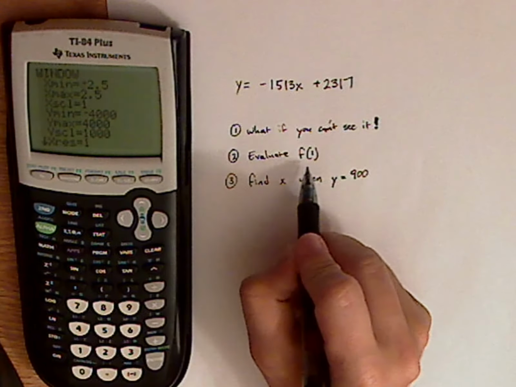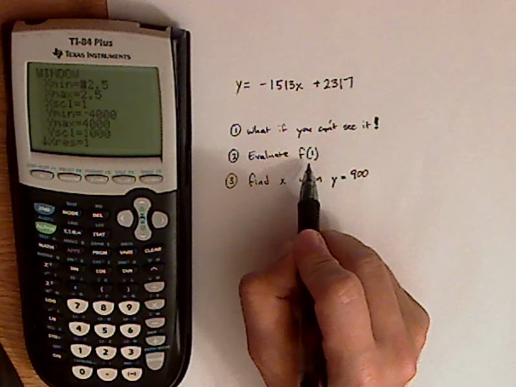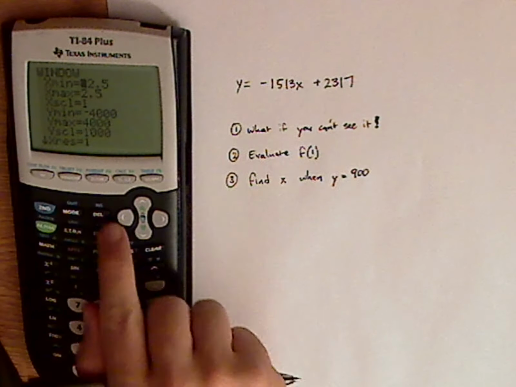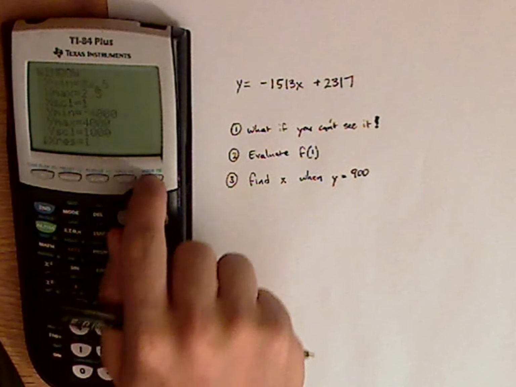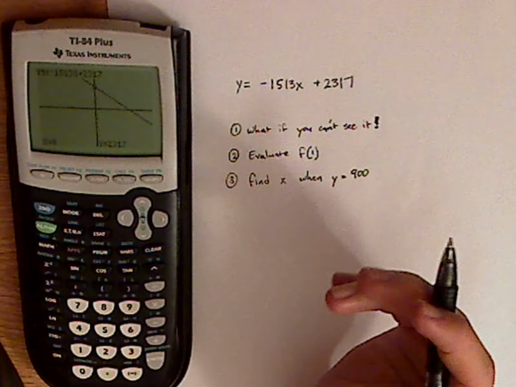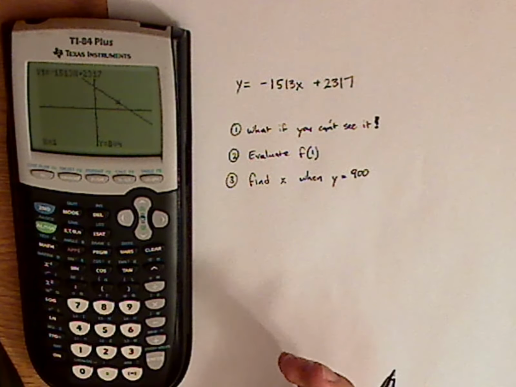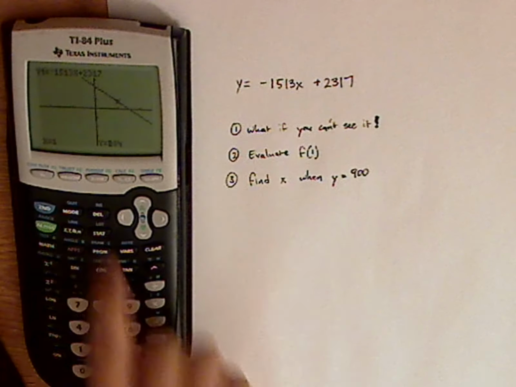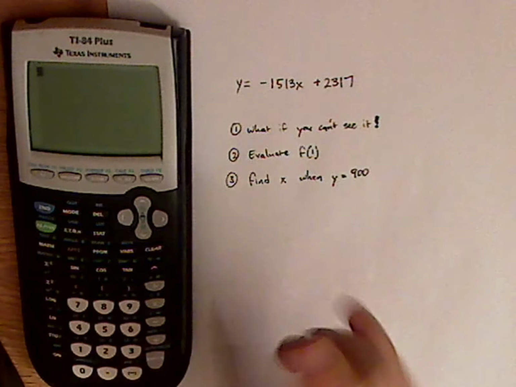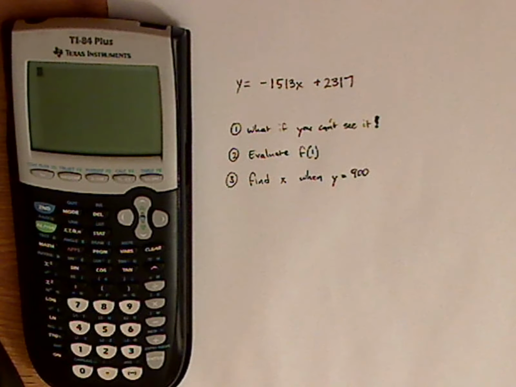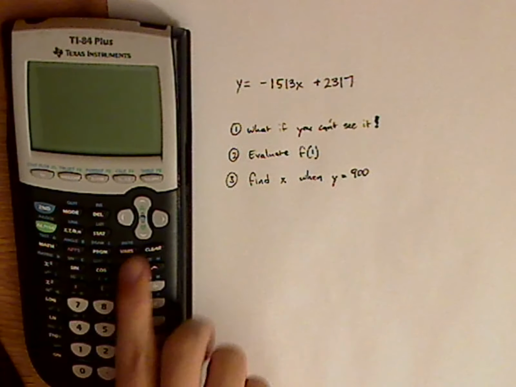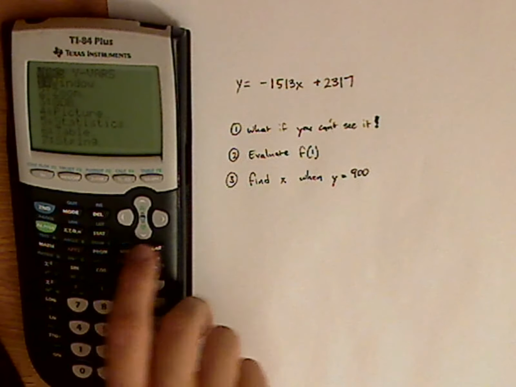Now, how do I evaluate f of 1? Well, one way, go to graph and go to trace, and then you can just push 1. Or what you can do is quit. Now you're in this screen, use the VARS button.